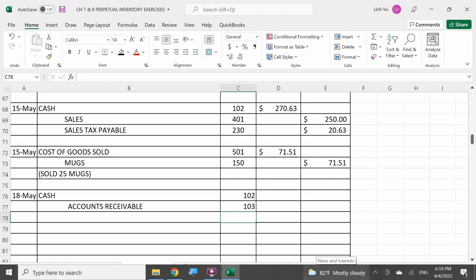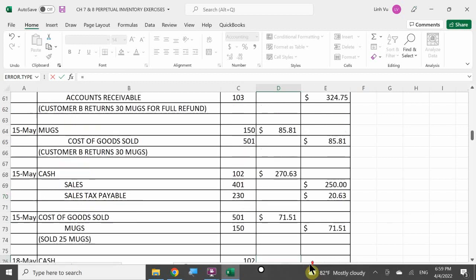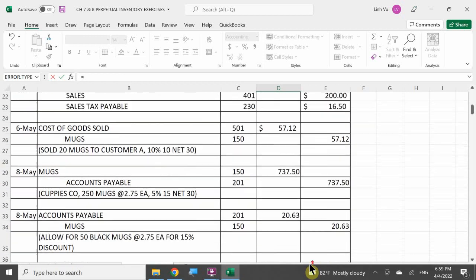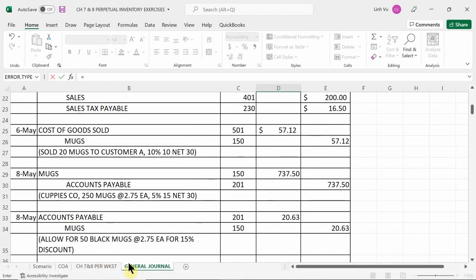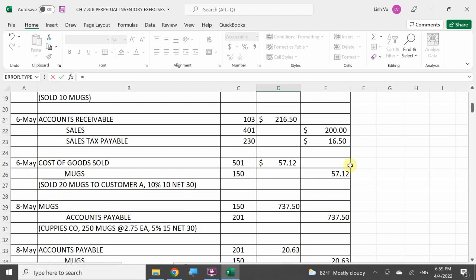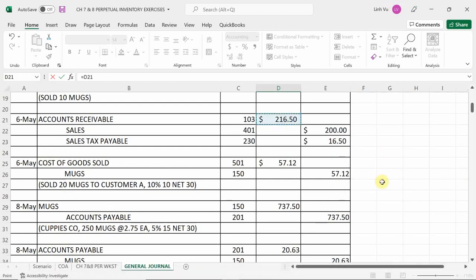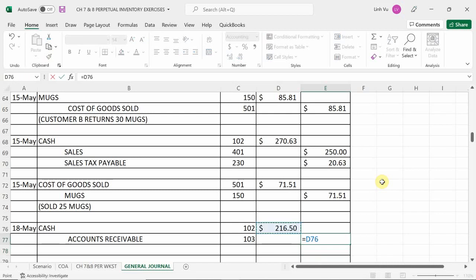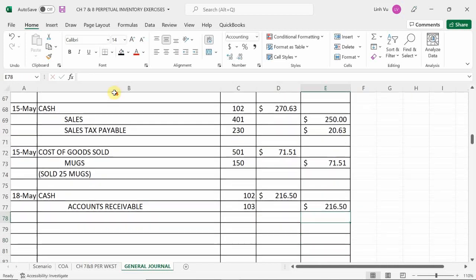Now, again, customer A owes me a total of $216.50. Okay? And they're paying me in full in cash.